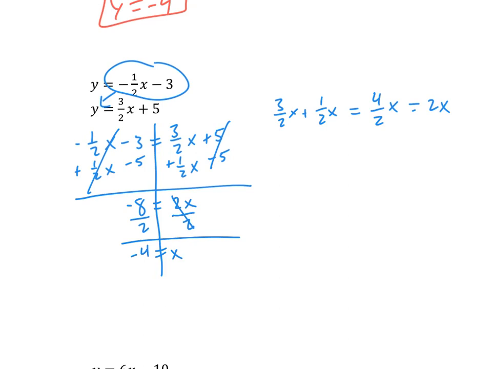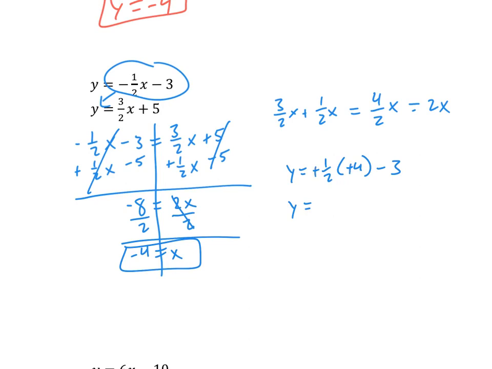Okay, and if x is equal to negative 4, then we'll substitute that back in to figure out what y is equal to. Let's substitute it into our first equation. So we'll get y is equal to negative 1/2 times negative 4 minus 3. Y equals, well, the negatives will cancel, so those will be positive.